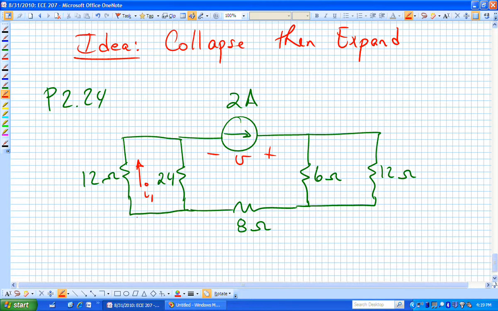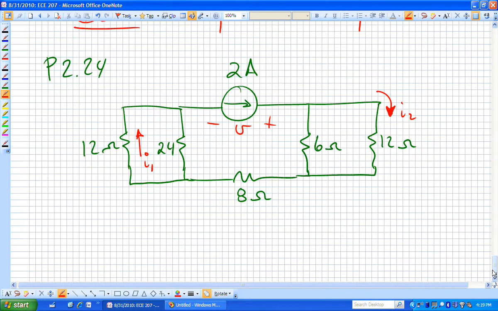That's I sub 1. And find this current flowing through the rightmost resistor, the 12 ohm on the right. That's I sub 2. Find I1, I2, and V.